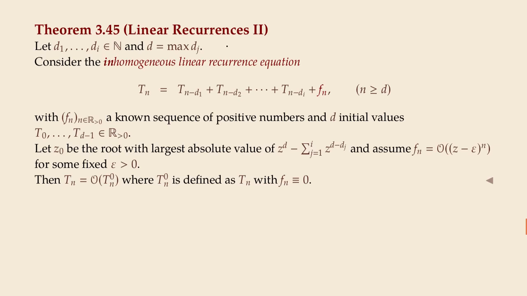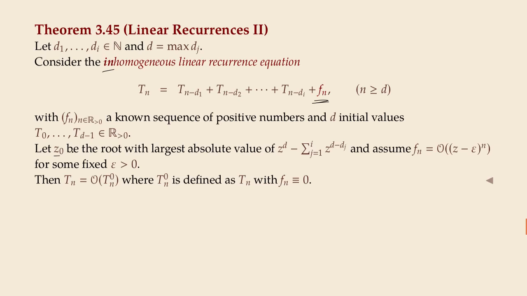Here's another theorem on linear recurrences. Now we're looking at inhomogeneous ones, which means we add such a function in each recursive step. The rest is the same. And again, we look at this characteristic polynomial. That's the same as before.